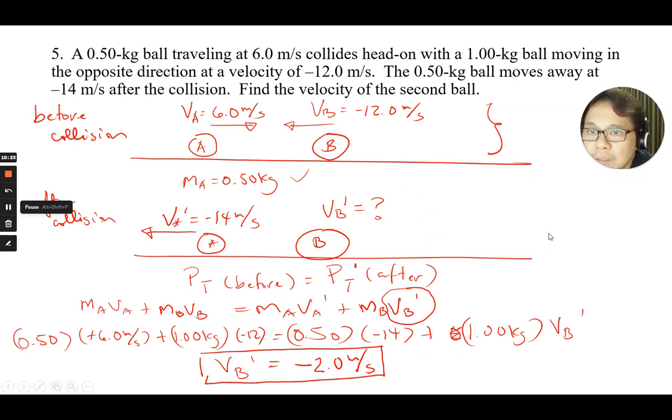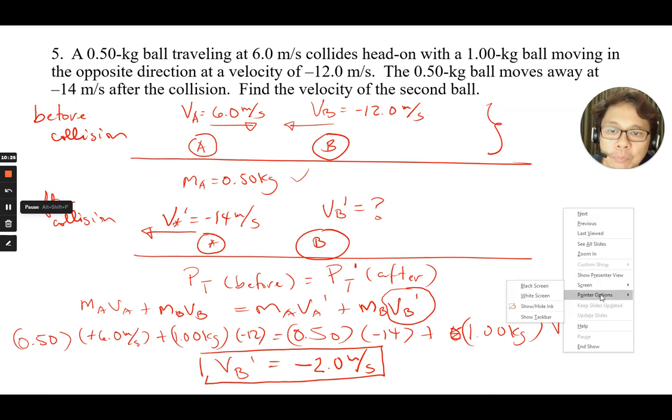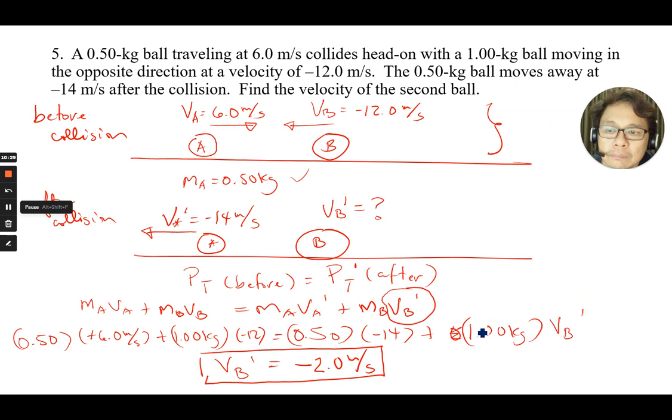So our answer is negative 2.0 meters per second. So it is still heading in the same direction as the initial, but less in magnitude. So instead of negative 12.0, it became only negative 2.0 meters per second.